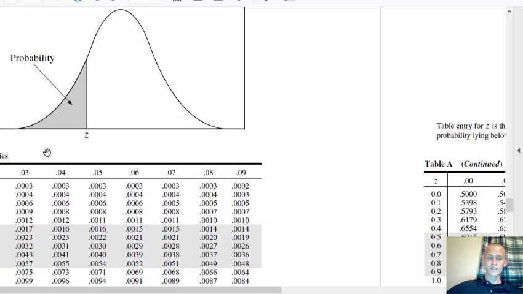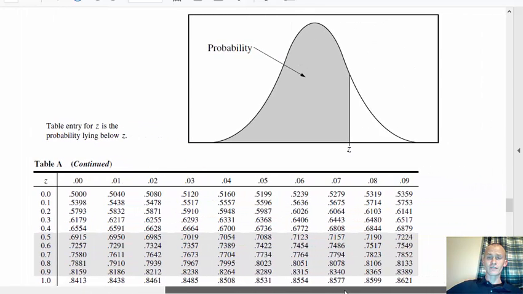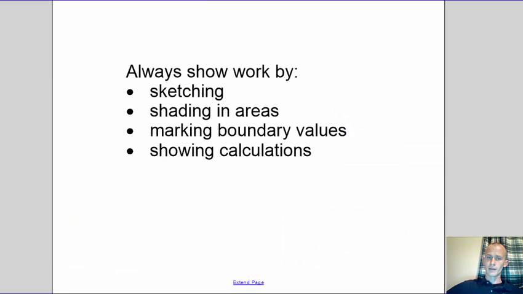So these are always less than. These always start from extreme small values up to whatever we are interested in. As you read a problem, one of the first things you need to identify is whether it is asking a less than or a greater than question. Sometimes they'll ask you in between a couple values, but usually it's going to be a less than or a greater than type of question.